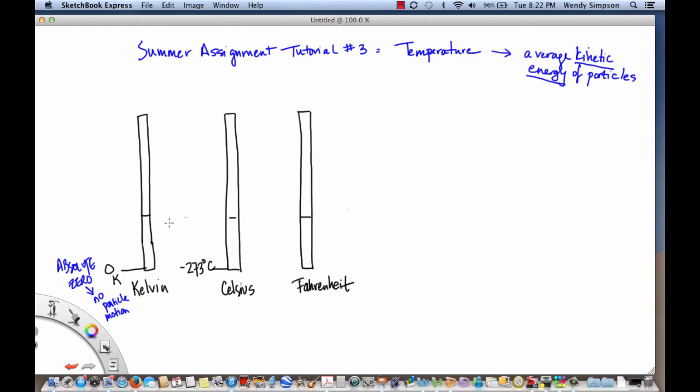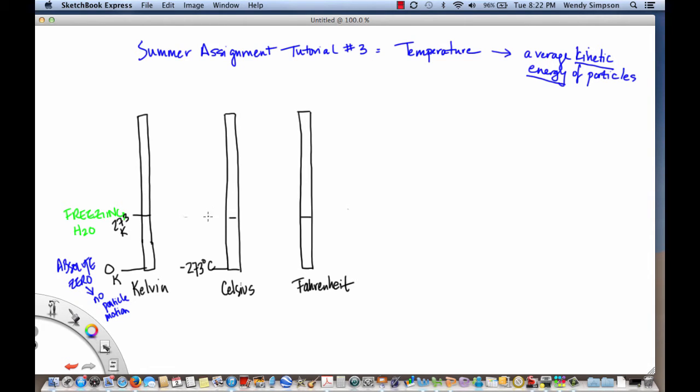Okay, so that is absolute zero, temperature of no particle motion. Now let's look at another baseline. And this other baseline here would be freezing water. Okay, the freezing temperature of water, the temperature at which water turns into a solid. So what temperatures are those? In Kelvin, the freezing point of water is 273 Kelvin.